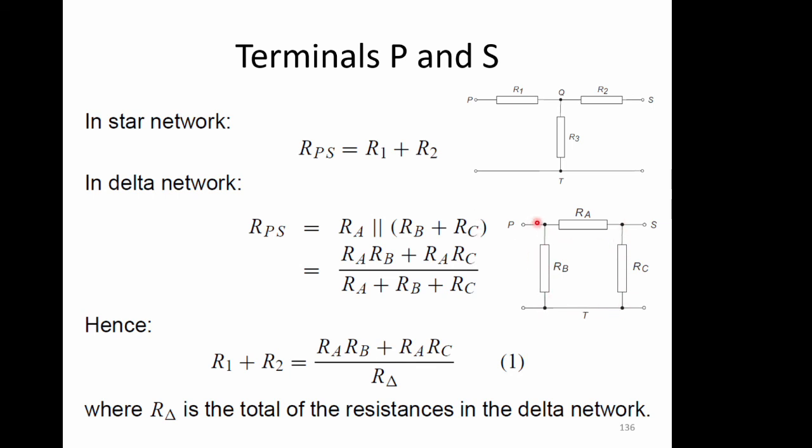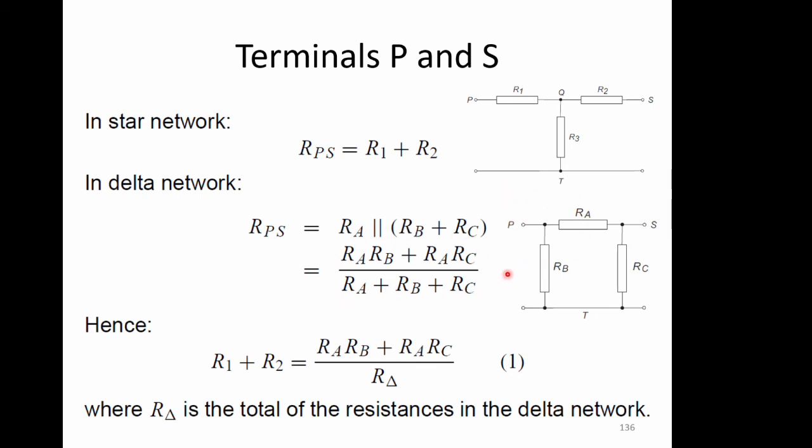Current comes into P, goes around here, goes into RB, comes in here, goes into RC and then out. And some of it will go through RA. So we've got RA in parallel with RB plus RC, and you can apply standard manipulation of resistors there to get RA RB plus RA RC over RA plus RB plus RC as the equivalent resistance looking into these two terminals.